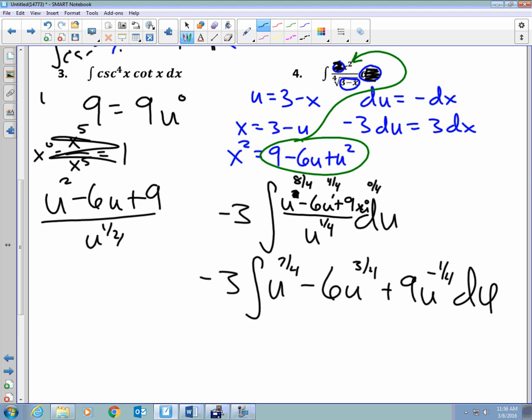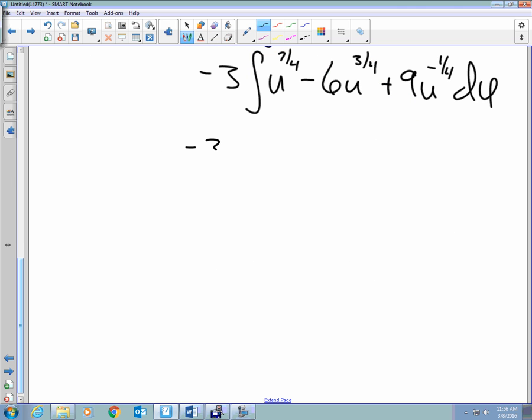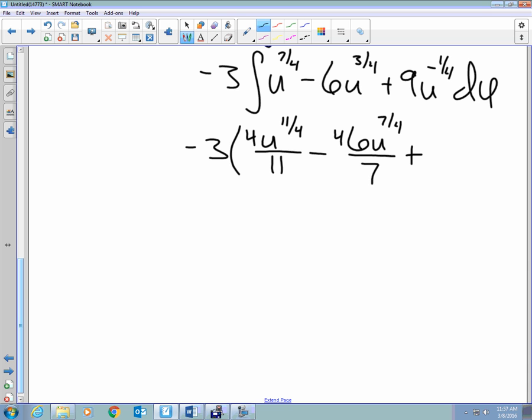Okay, so negative 3 times, what's the antiderivative of u to the 7/4? U to the 11/4 divided by 11/4 or multiplied by 4/11, minus 6u to the 7/4 divided by 7/4 multiplied by 4/7, plus 9u to the 3/4 divided by 3/4 or multiplied by 4/3, plus a constant.